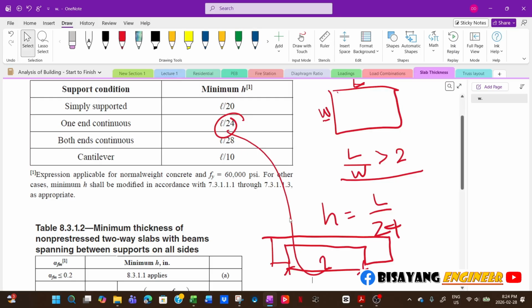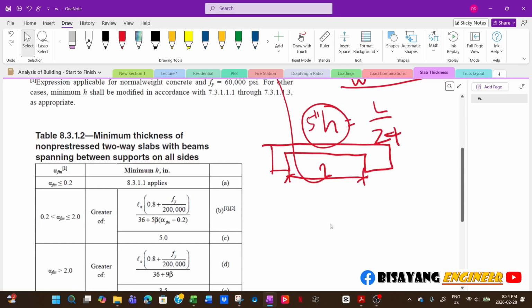Now, to see if your L is 25, or let's just say we'll reverse the calculation. You already said you will use 5 inches.